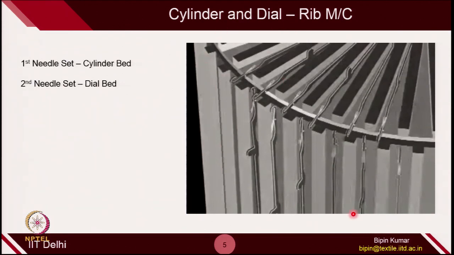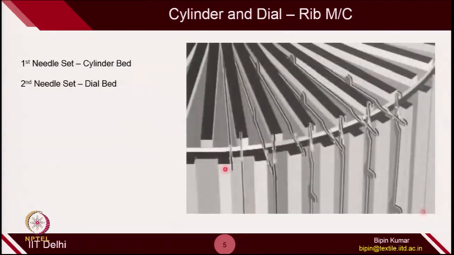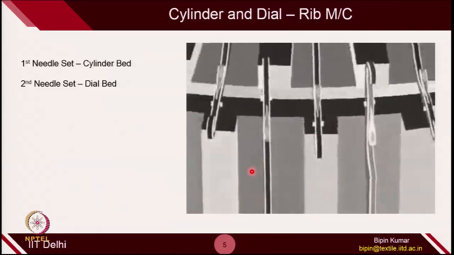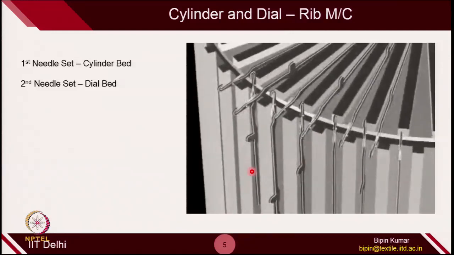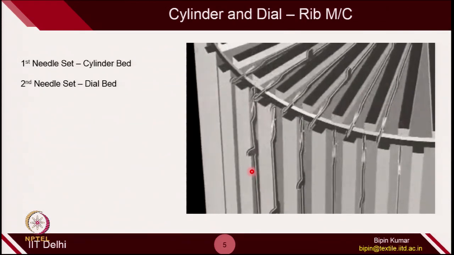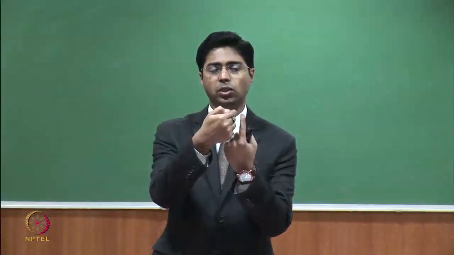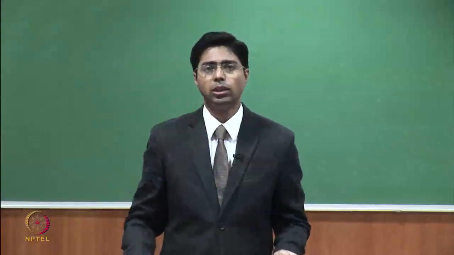The key point here is that while doing this reciprocation they are not striking each other. The tricks are displaced so that both needle sets do not face each other, because if they did, the head may collide with the other needle bed, and the needle may break. So the position of the slots on the cylinder and the dial is shifted so that they do not collide during knitting action.